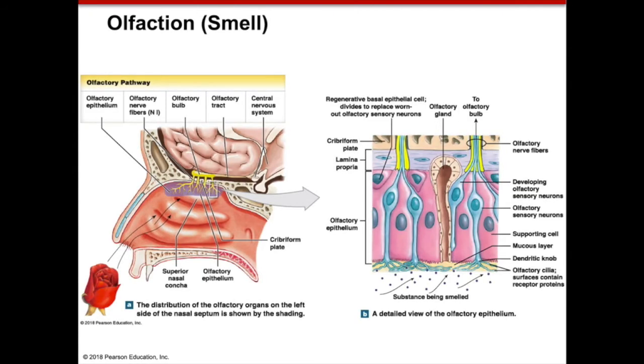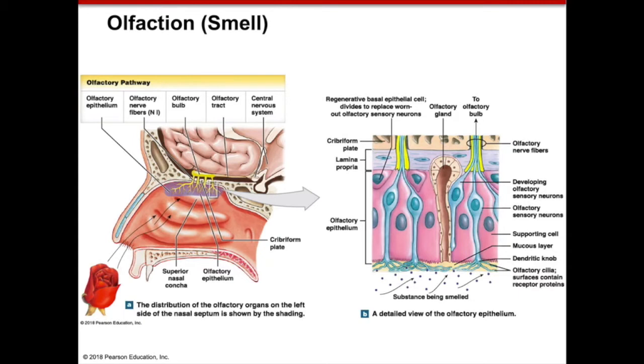So we'll start with olfaction, the smell. We covered this already when we talked about the olfactory nerve, but here is just to really show you what the olfactory sensory receptors look like.